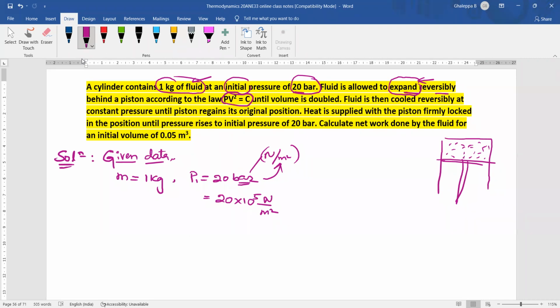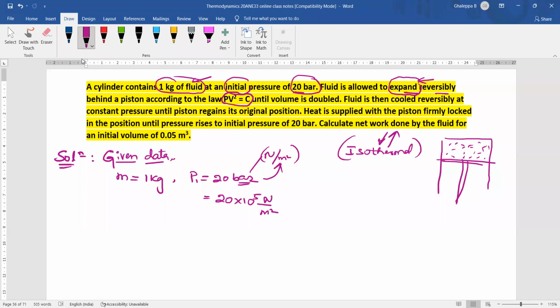And dear students, keep in mind, all processes may be expansion or compression. It doesn't mean that always expansion is polytropic, expansion is isobaric, expansion is isothermal. So for example, isothermal may be expansion, may be compression.